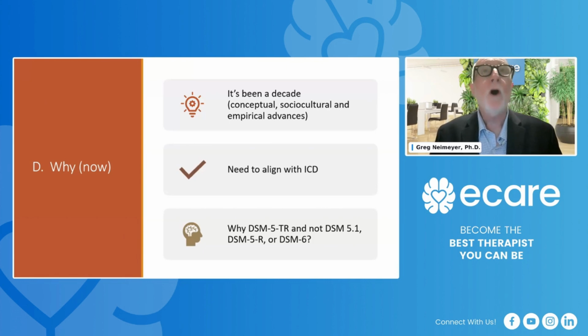It's a lot more R-ish than it is TR-ish, but it may not be as R-ish as DSM-3R, because that created some huge changes, including eliminating the entire hierarchical structure of the DSM. So they decided they would go with the TR. I think they should call it TR squared, DSM-5 TR squared, because it's actually a mega TR. It's far more than a text revision, even if you're not going to call it a revision.